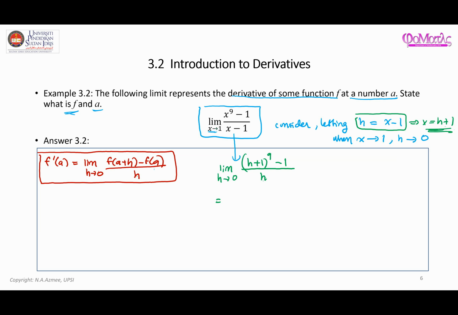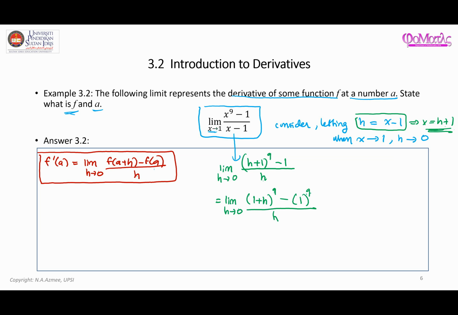You can write this as (1 plus h) to the power of 9 minus 1 to the power of 9, over h, since 1 is the same thing as 1 to the power of 9.